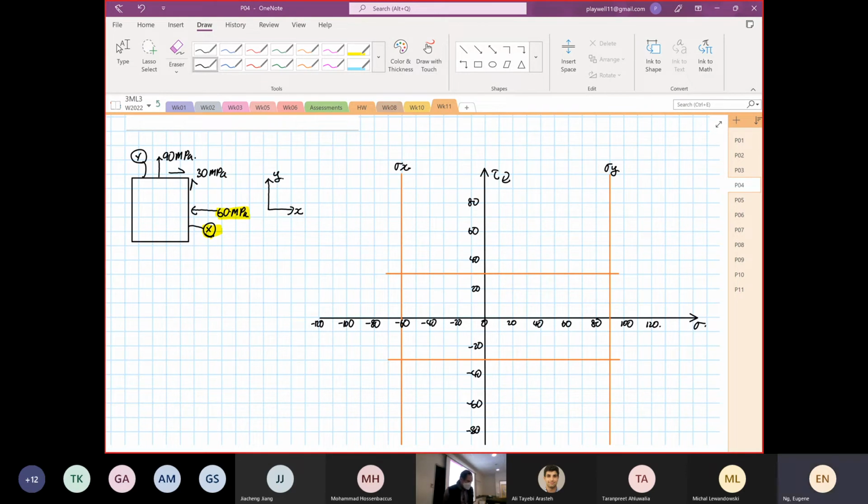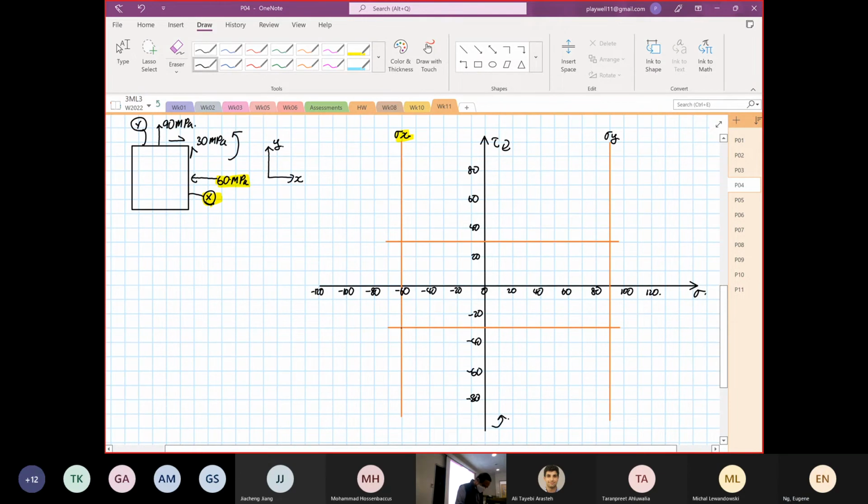So from here, let's look at our stress X line. Stress point X, the element of the 30 megapascal, is going to rotate in what direction? Anti-clockwise, on top or below? So there's your point X.